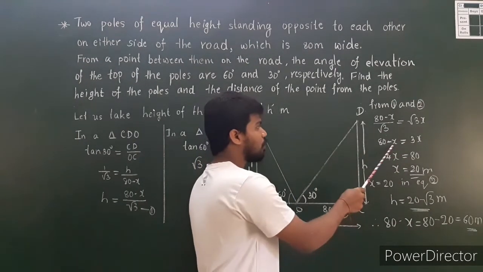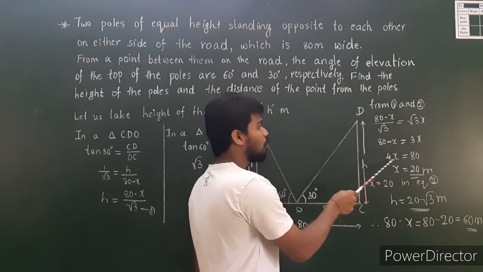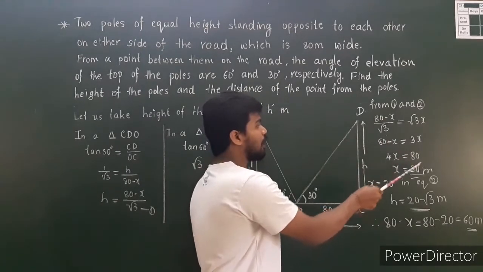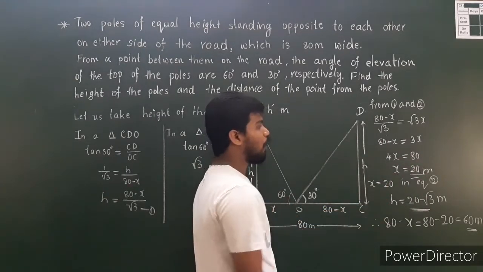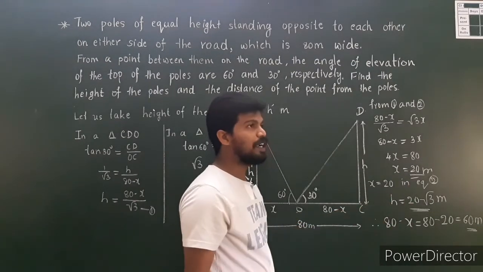Now take X to that side: 3X plus X, you get 4X, is equal to 80. Therefore, X is equal to 20 meters.